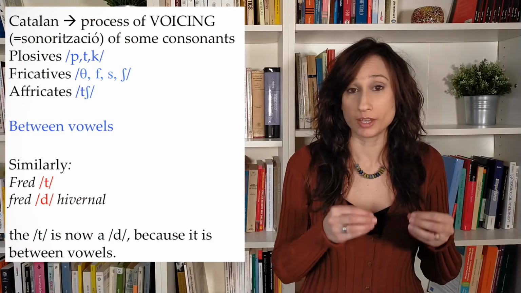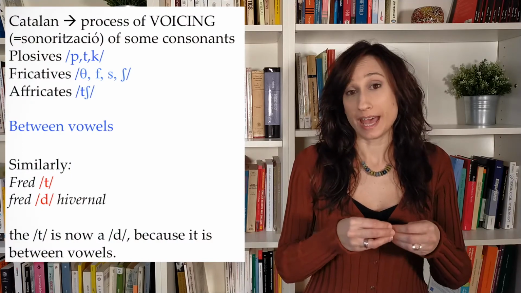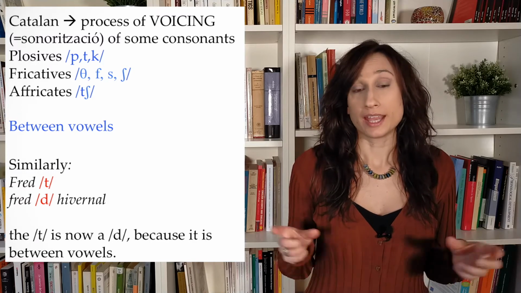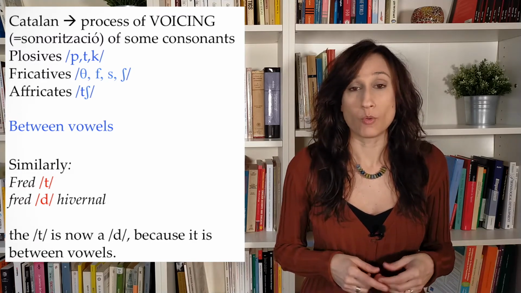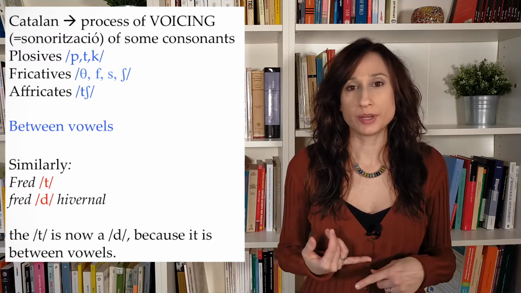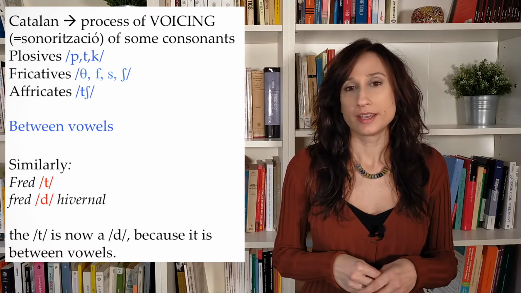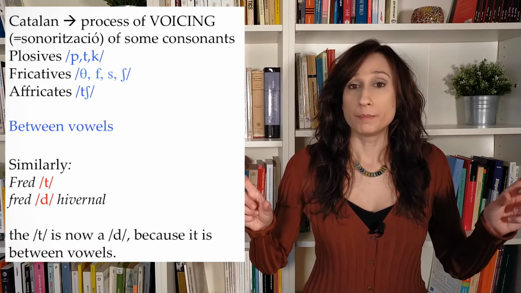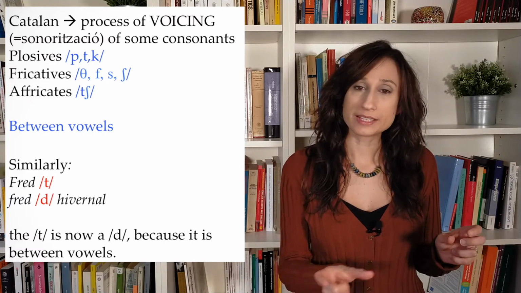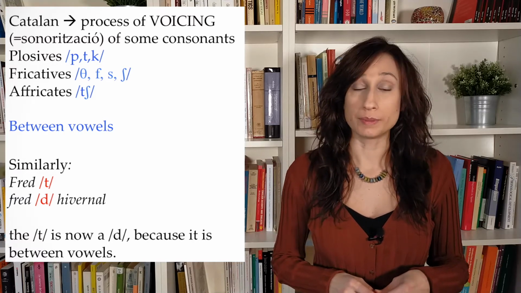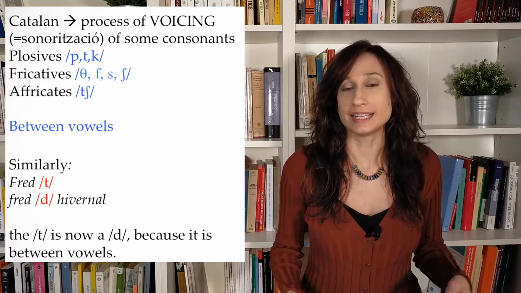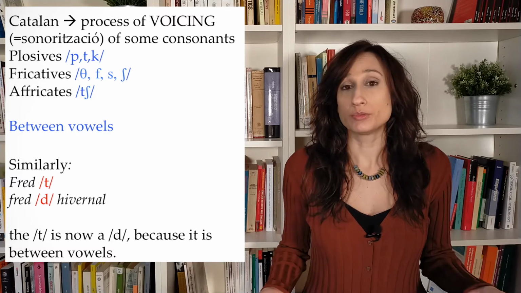You voice a consonant when it happens between vowels, especially across word boundaries or across morpheme boundaries. So in Catalan, plosives, fricatives and affricates will be voiced between vowels. So when you add a word that has a vowel at the beginning, then it automatically becomes voiced. We don't realize that we do this.